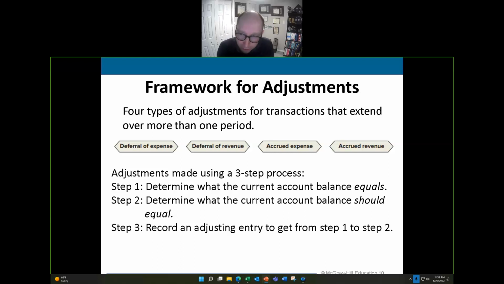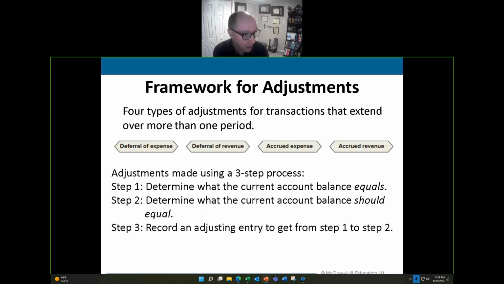Now, as you know, with the accrual-based accounting system, we must match the consumption of things like electric or insurance when it's incurred, when it happens.